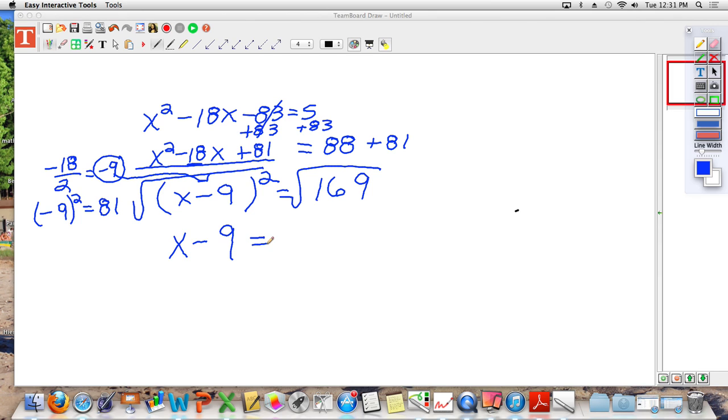All right, so I do a little plus and minus 13. So now I have to consider both options, and I highly, highly, highly encourage you to write both of them out. So write out x minus 9 is equal to 13, and then write out that x minus 9 is equal to negative 13.